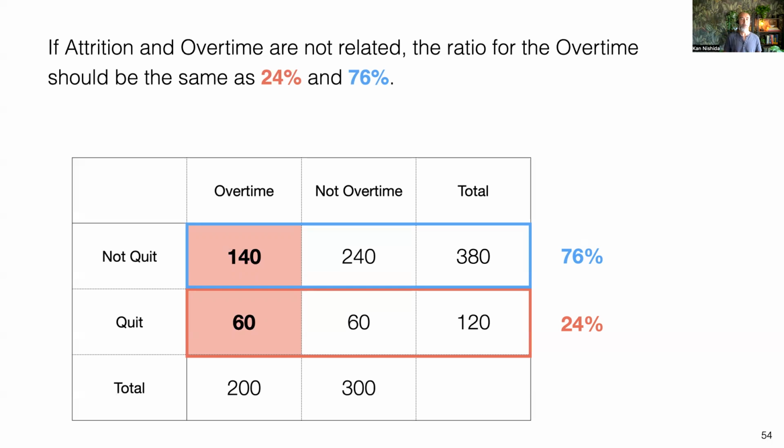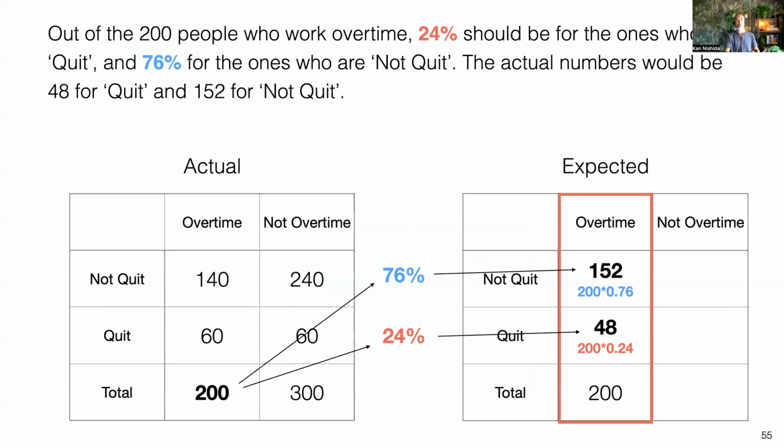Right now, in the overtime column, we have 140 people and 60, but that's actual. We want to calculate the expected one, and that number should be based on this ratio of 76% and 24%. The left-hand side is actual data. We have 200 people for overtime, out of which 76% should be assigned to non-quit and 24% to quit.